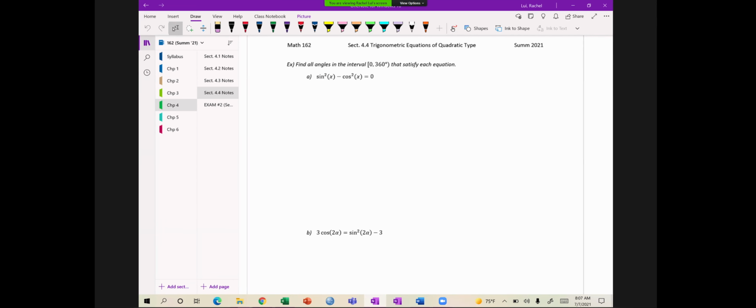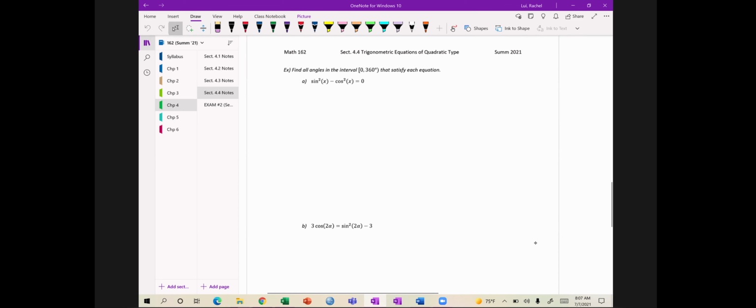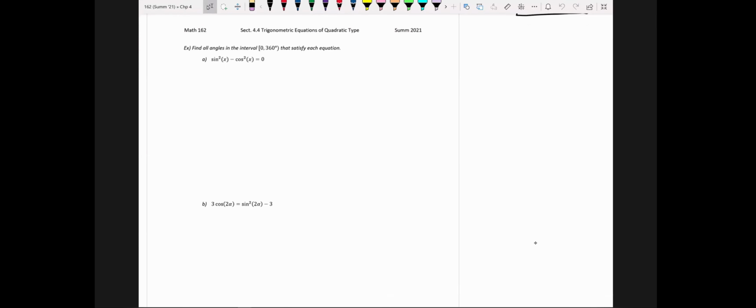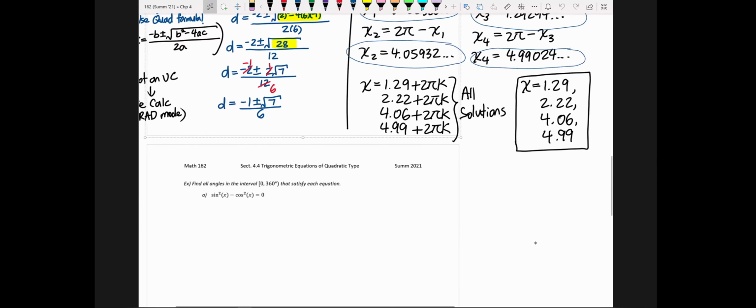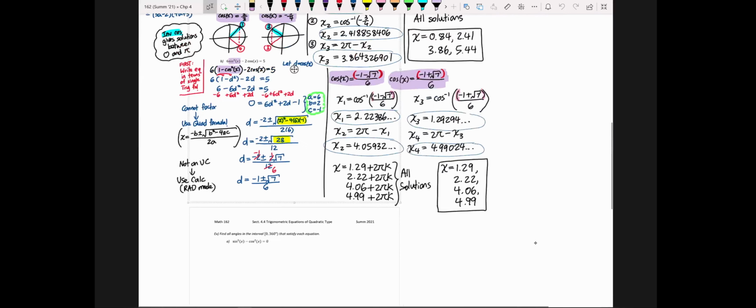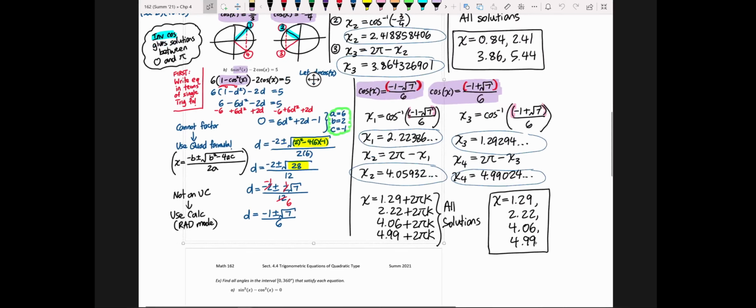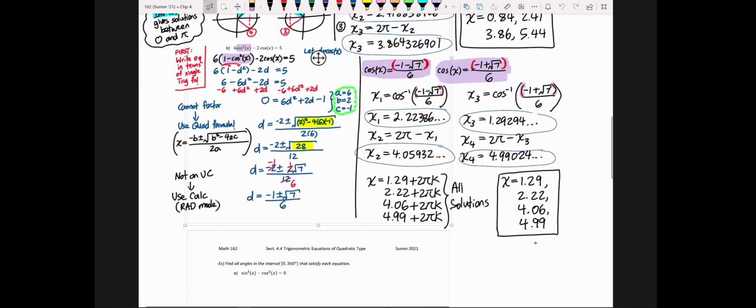This recording will cover section 4.4 continued. So we'll be looking at the last page of section 4.4. Okay, so let's start by recapping the previous problem.